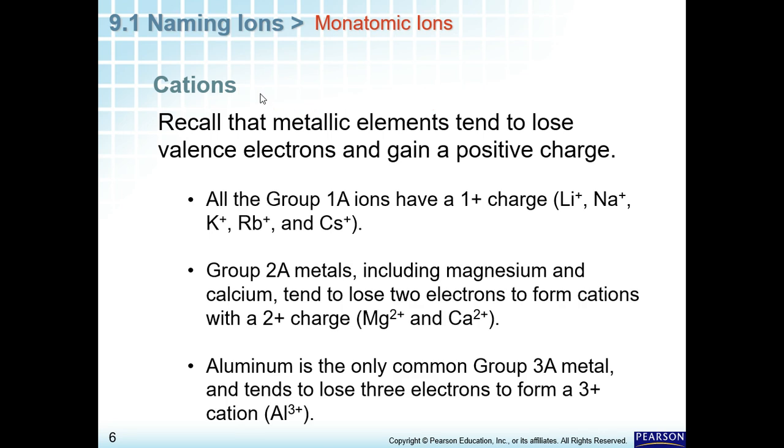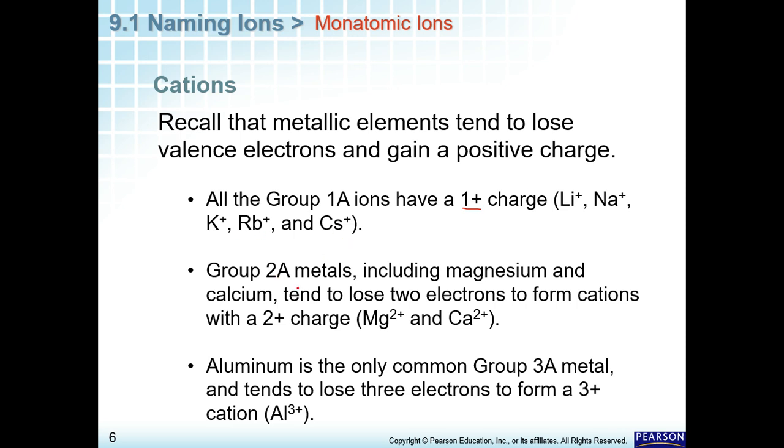If you recall, elements in group 1A tend to become cations because they are going to lose the one valence electron they have rather than try to get 7 more to get to the full octet. So group 1A gets a 1 plus charge. These are things like lithium, sodium, potassium, rubidium, and cesium.